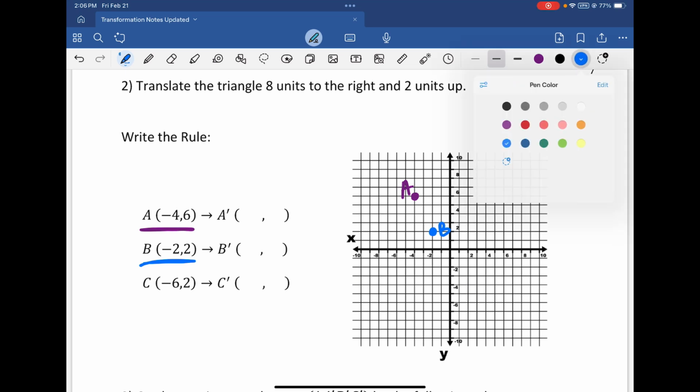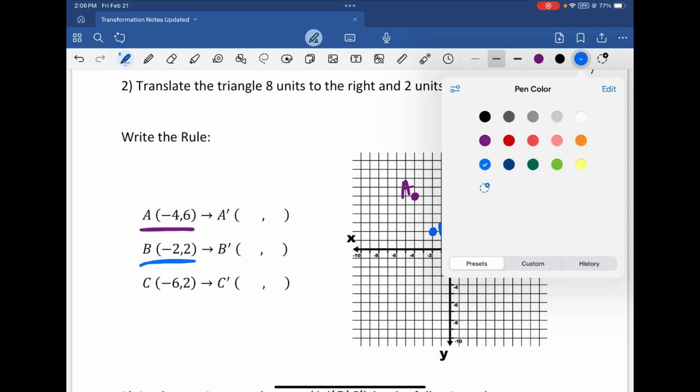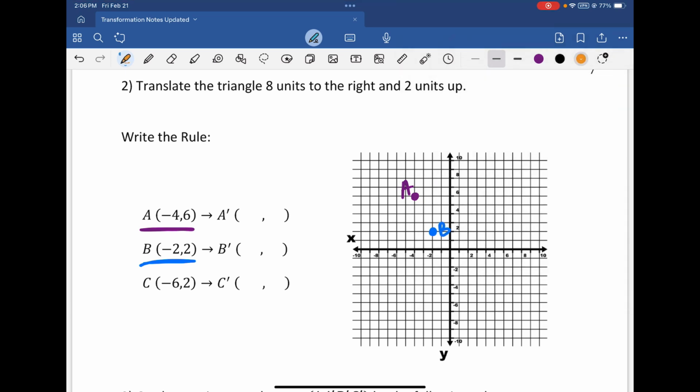And I label it B. And now let's do our last one. I'll do it in orange, -6, 2, -6, up 2. And that is C. Okay, cool. Now I'm going to connect my points because it's supposed to be a triangle. If you don't connect your points, it's not going to be right.